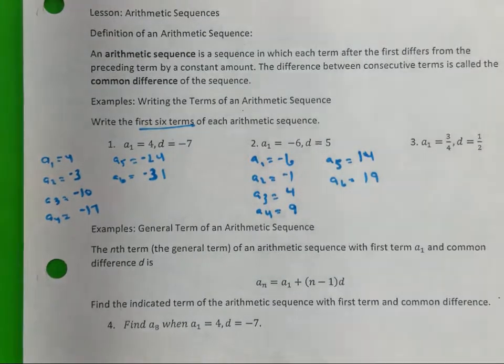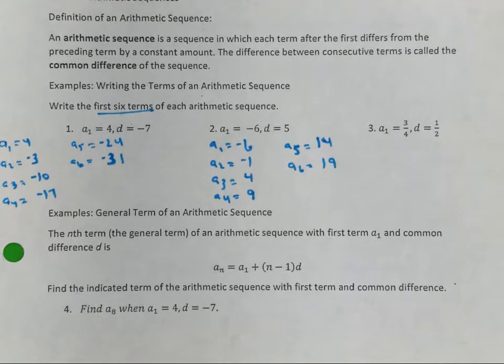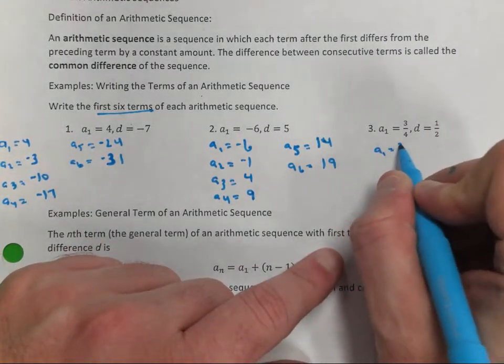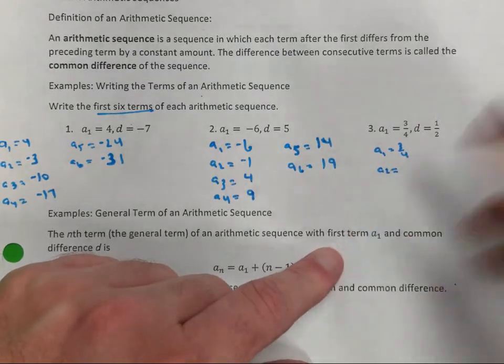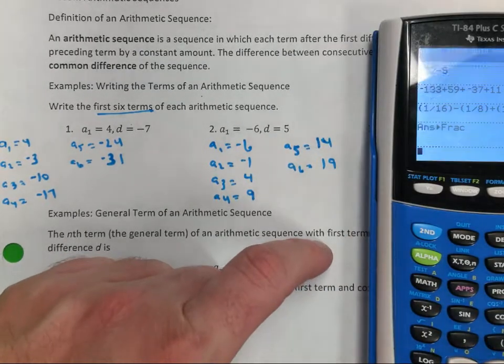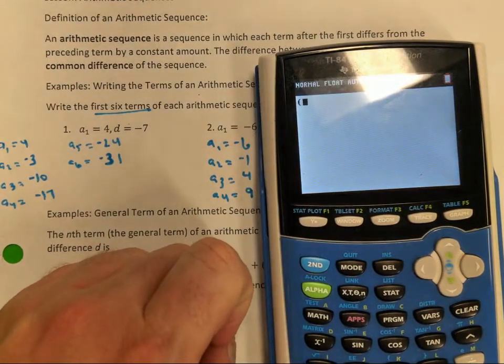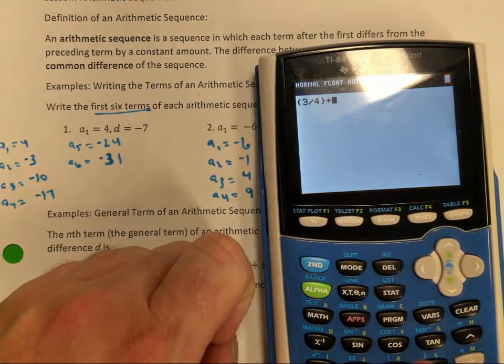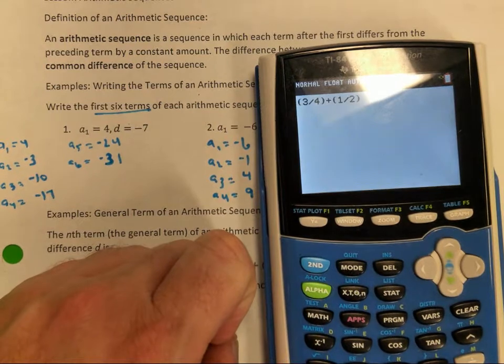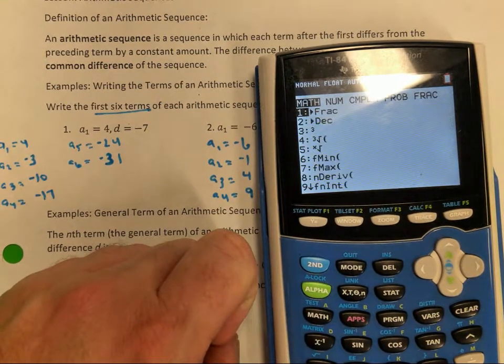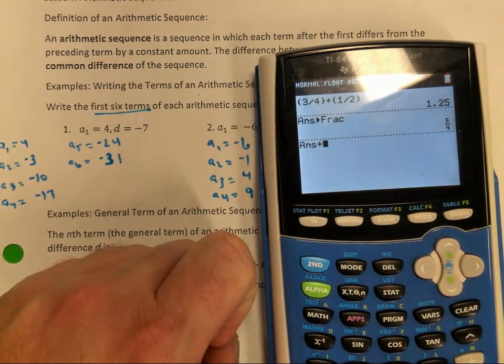Alright, let's look at number 3. A sub 1 is 3/4. So I would do this in my calculator. Watch this. 3/4 plus 1/2 is 1.25. Change it to a fraction, so my next term will be 5/4.